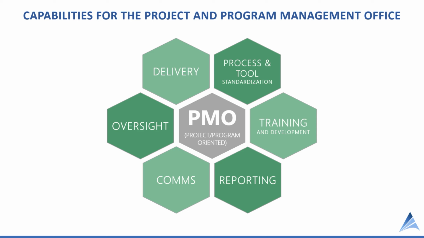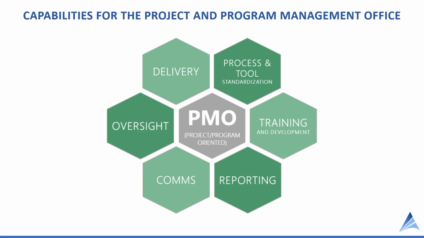And very commonly, you've got a team of project managers of different skill sets and abilities. You could have senior project managers, junior project managers, project coordinators, etc., and program managers, of course, that are responsible for the planning and execution of projects and programs.